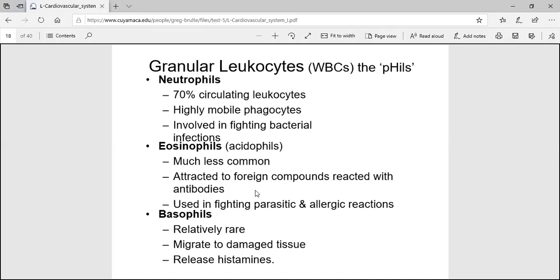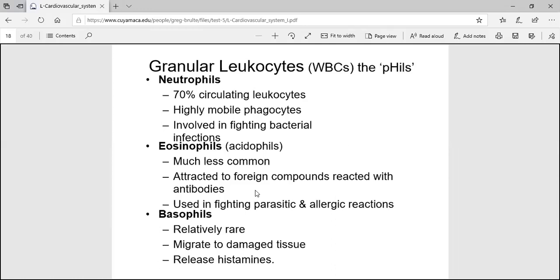Basophils can release histamine. So like you get bitten by a mosquito, and that little welt you get, that's a local histamine release, or a bee. Bee stings you, you get a welt. That's a local histamine release. But if you're allergic to that bee, it's possible you could have a systemic histamine release in various other places in your body.